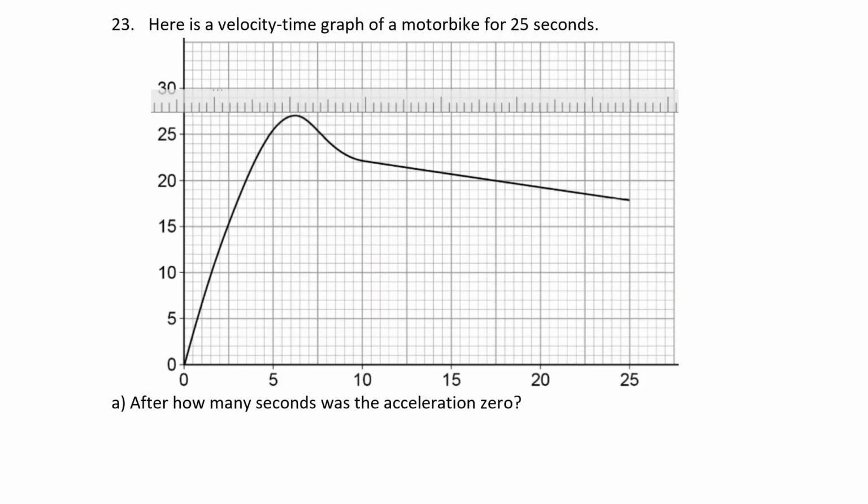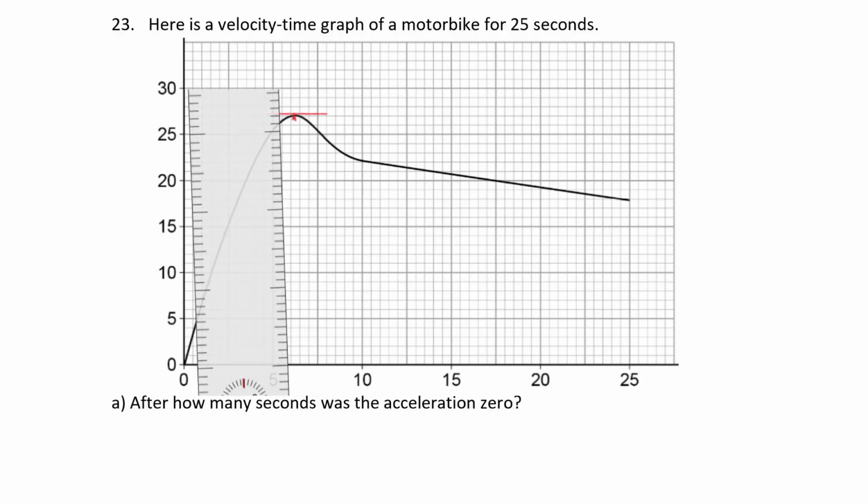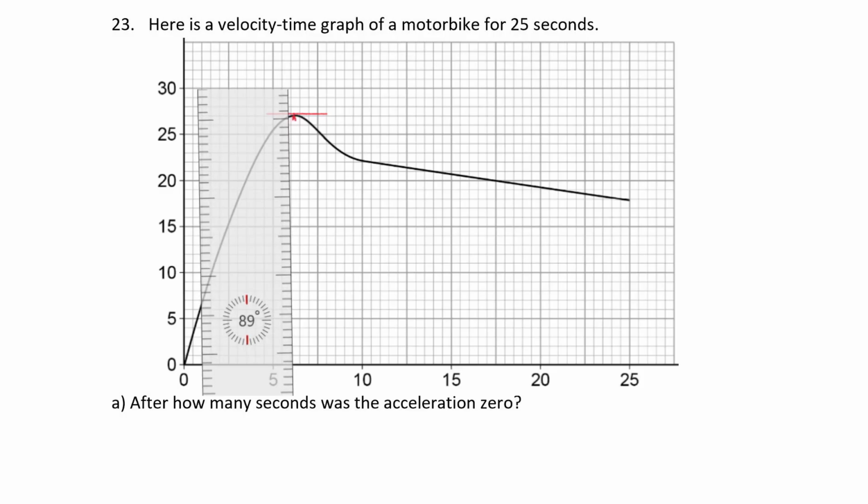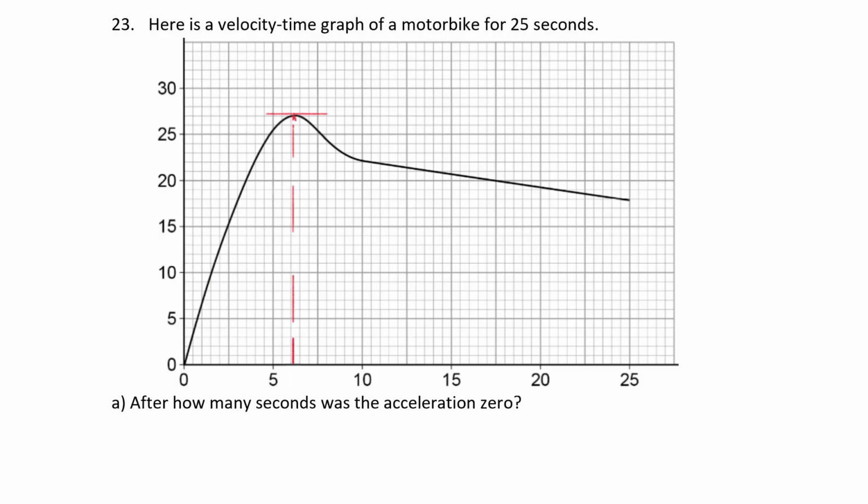It's going to be flat here at this point, or more in particular right in the middle of there. So at that point there, look, it's flat. So reading down to the graph, reading down to the axes below, it's there, isn't it?